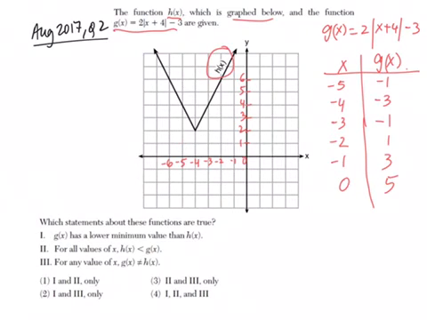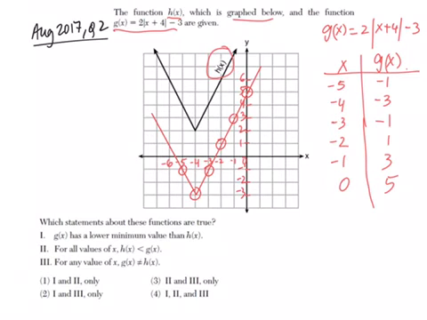Okay, let's fix this. -1, -2, -3. So -5 gives -1, -4 gives -3, -3 gives -1, -2 is +1, and then -1 is 3, and 0 is 5. So we've got this graph. If we want to draw the line, then we've got this as our graph.